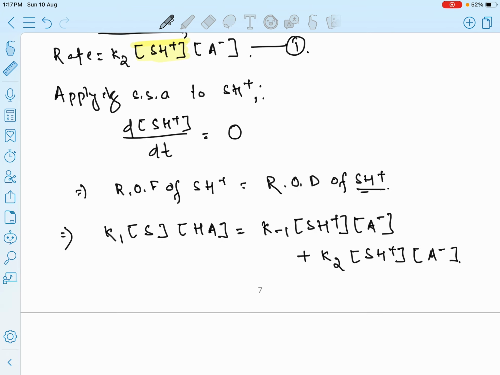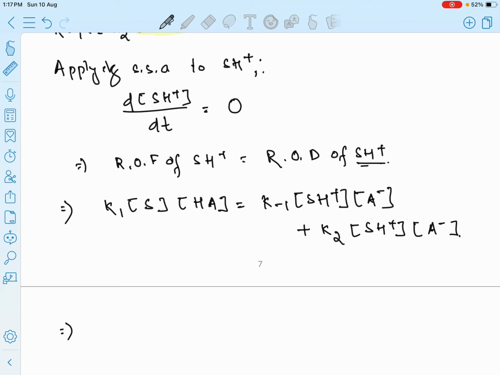Okay, so K1 into concentration of substrate into concentration of HA is equal to, taking the SH plus concentration term as a common term, K minus 1 plus K2.